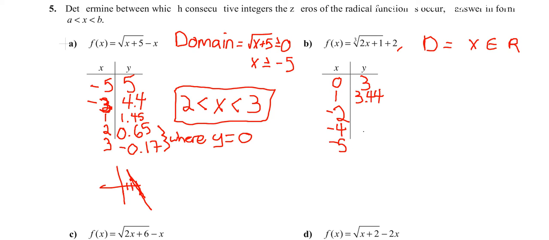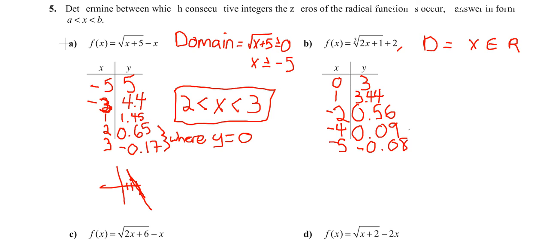That's my points. So -2 times 2 is -4, plus 1 is -3. The cube root of -3 plus 2 is equal to 0.56. So now we know we're going in the right direction, because from 0 to -2, we have a decrease in y. -4 works out to 0.09, and -5 works out to -0.08.